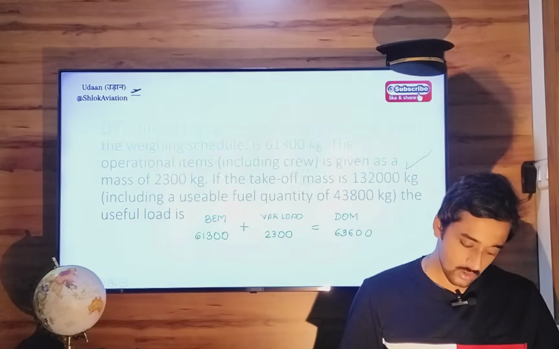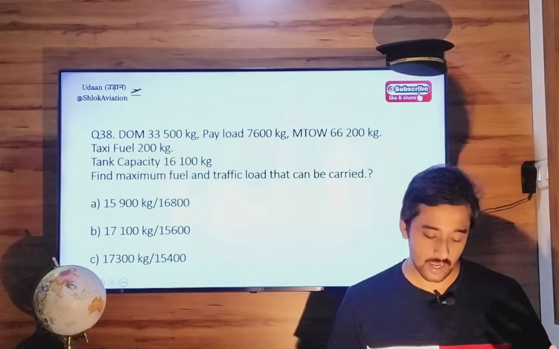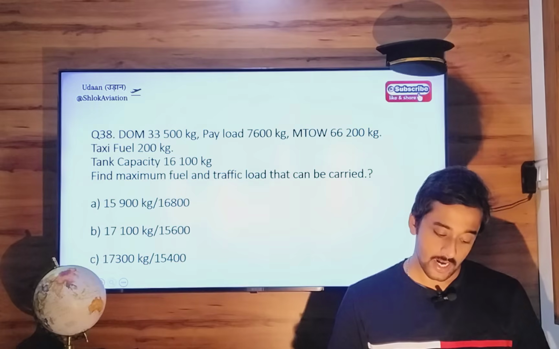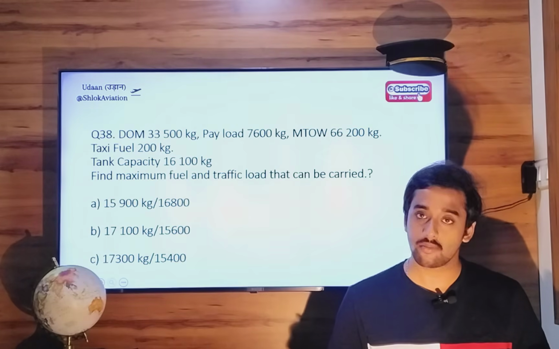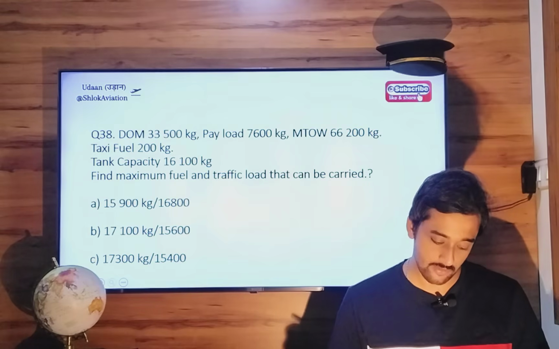Next. Question 38. Dry operating mass, payload, maximum takeoff weight are given to you. Taxi fuel, tank capacity. Find maximum fuel and traffic load that can be carried. So DOM, payload, takeoff weight is given to you.